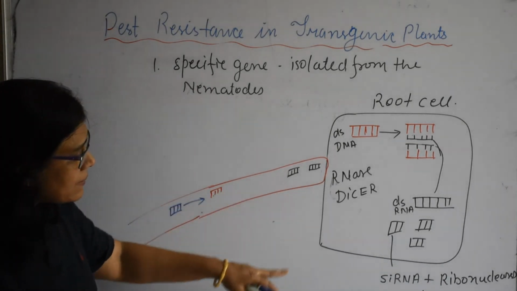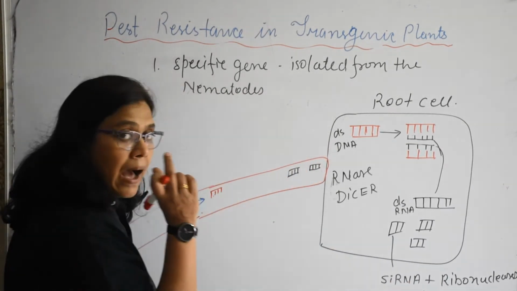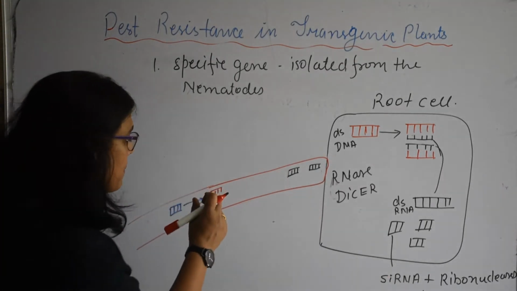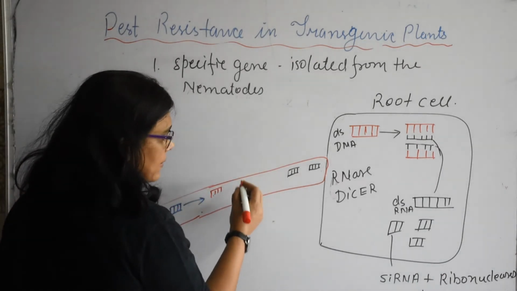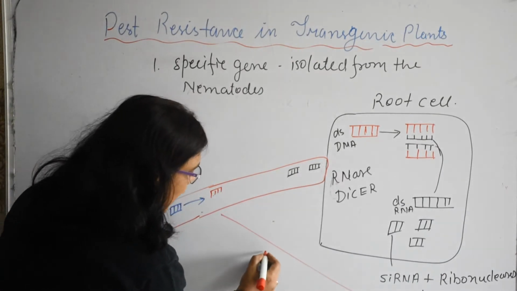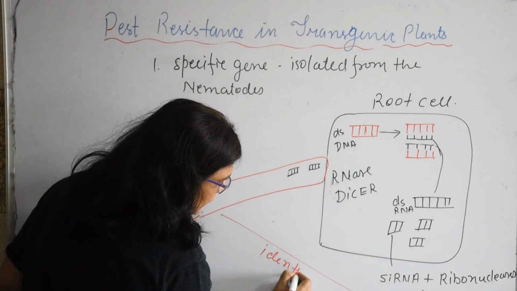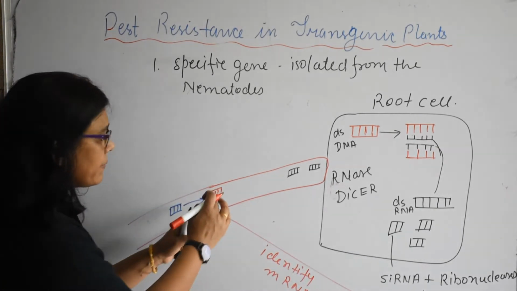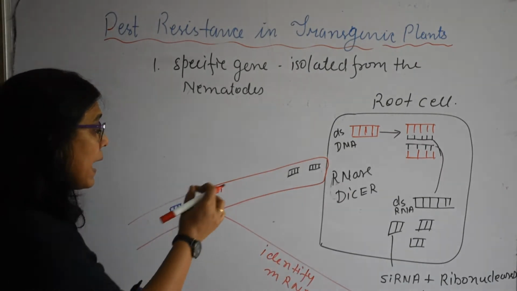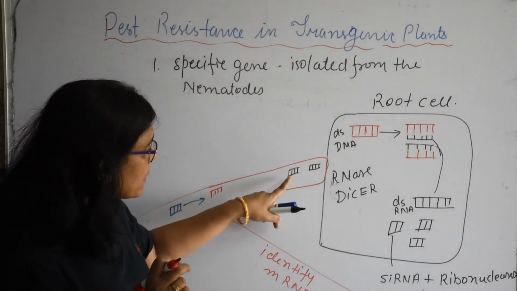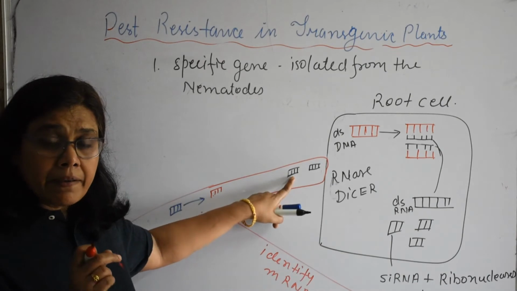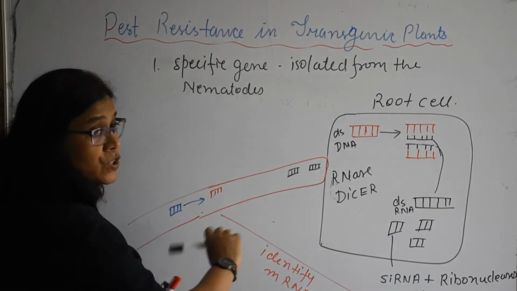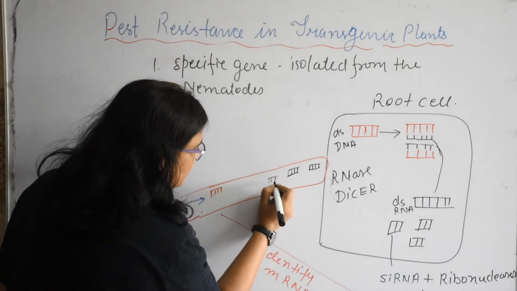Here the RISC will identify the messenger RNA and cleave it into small pieces, and the unzipping of small interfering RNA will take place, so it will become single-stranded.